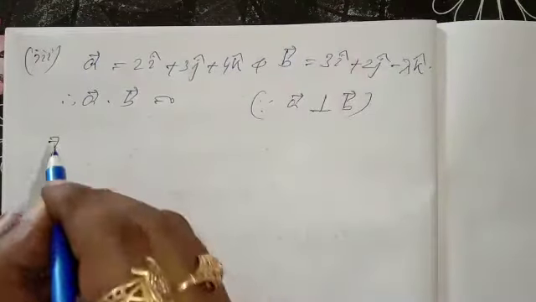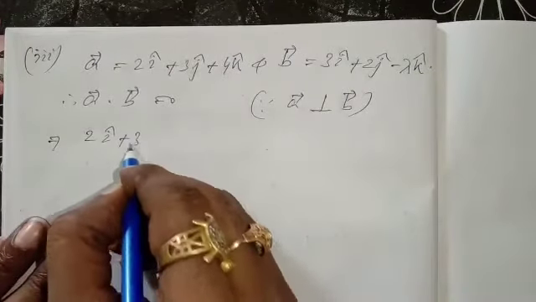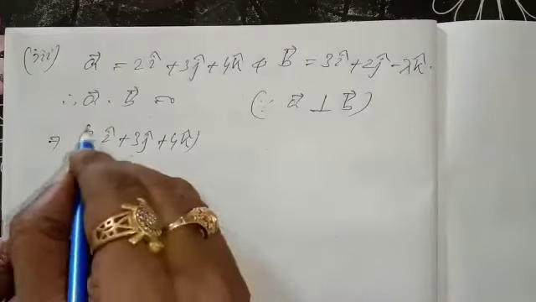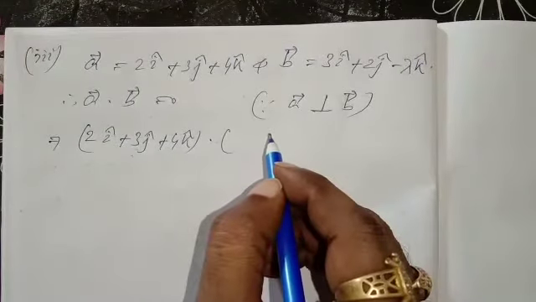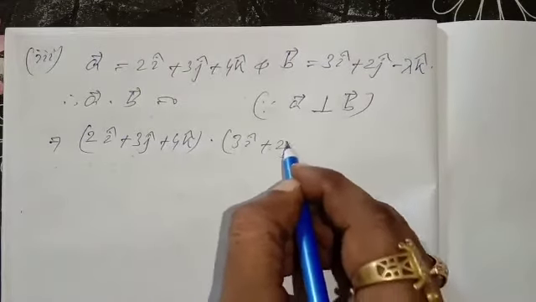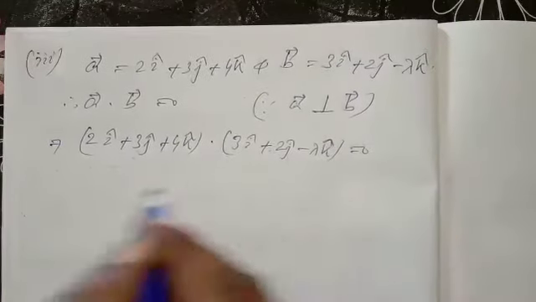Now put the value of A vector. A vector is how much? 2i + 3j + 4k dot B vector, B vector means here 3i + 2j − λk, equal to 0.